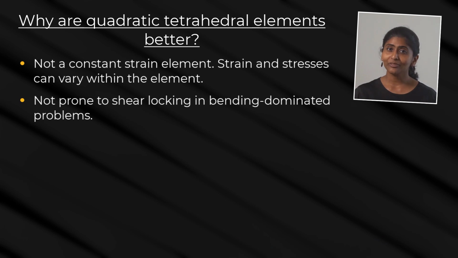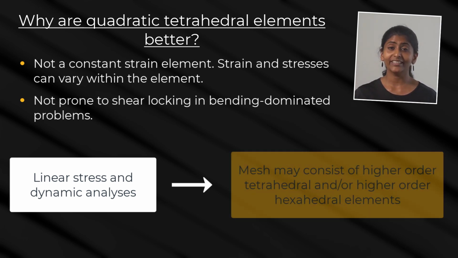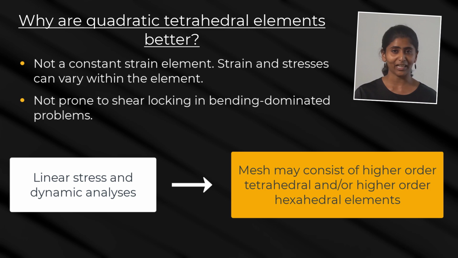Therefore, it's acceptable to use a mesh consisting of only tetrahedral elements or a mix of hexahedral and tetrahedral elements in linear stress or dynamic analyses of 3D solids, provided they include mid-side nodes. In fact, a good quality tetrahedral mesh performs better and provides more accurate results compared to a distorted hexahedral mesh.